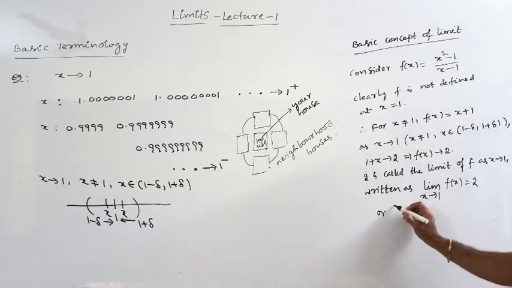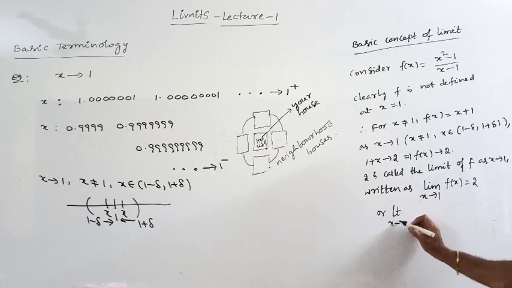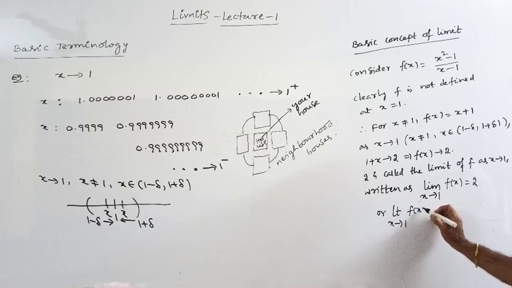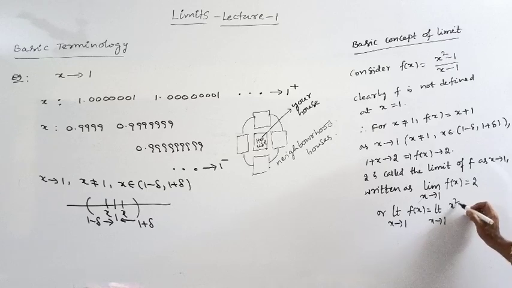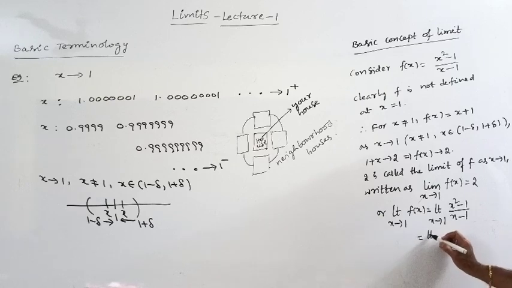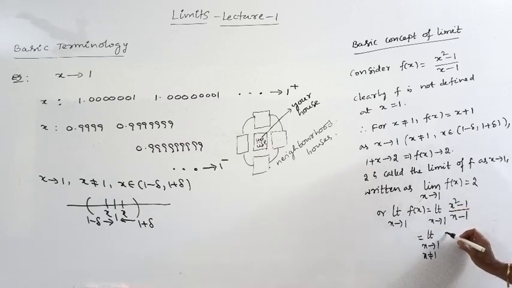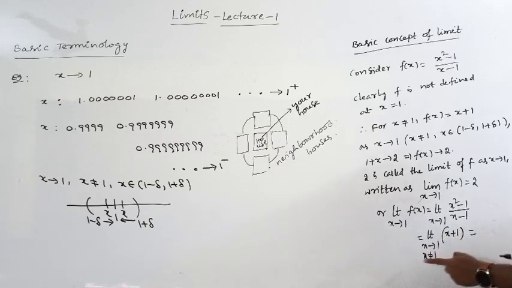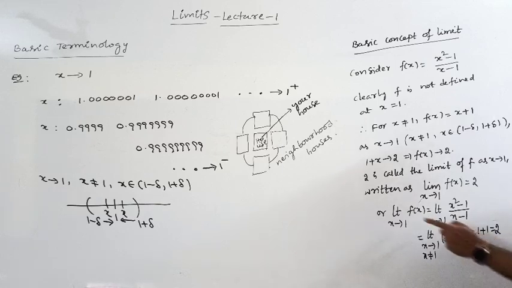Or we write simply limit x approaches 1, f of x equal to limit x tends to 1, x square minus 1 by x minus 1. X tends to 1 means x not equal to 1, so you can cancel x minus 1. Then you will get x plus 1. You can substitute x approaches 1 here and get 1 plus 1, that's equal to 2. So 2 is the limit value of f.